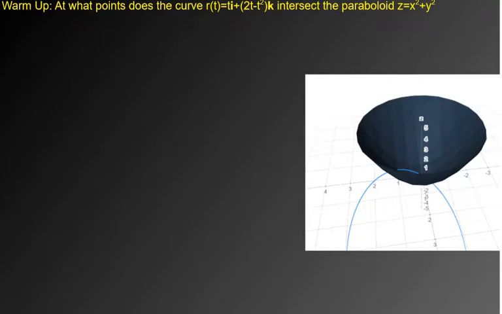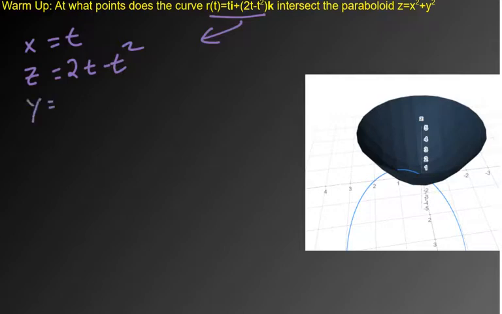The way I would think about this, if I pull it out, it's parametric. It's saying x is t, y equals 0, that's a k there, and z is 2t minus t squared. So that is the parametric form of this vector valued function.